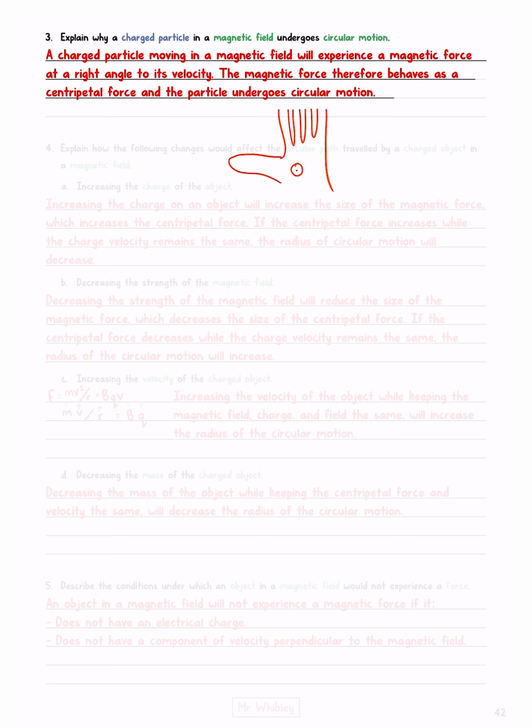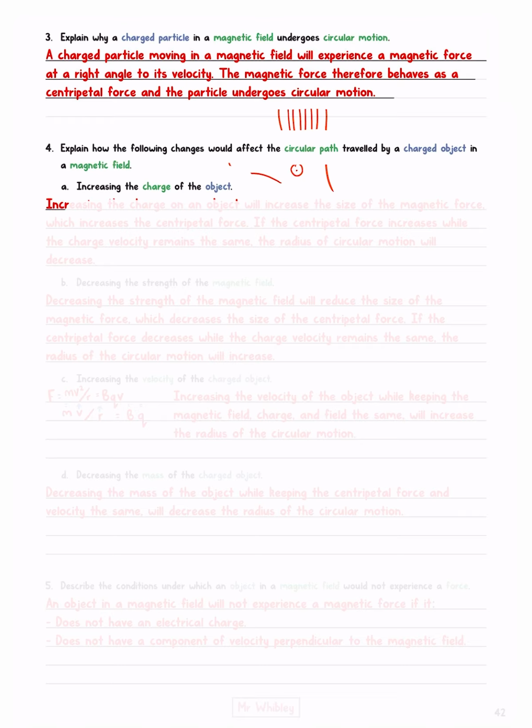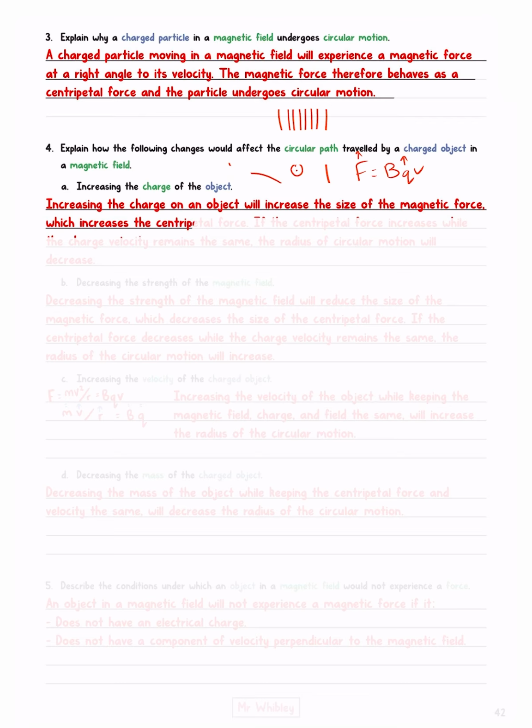Question 4. Explain how the following changes would affect the circular path traveled by a charged particle in a magnetic field. Increasing the charge of the object. Increasing the charge on an object will increase the size of the magnetic force, since we know that force is equal to BQV. So if we up the charge, we up the force, which increases the centripetal force.